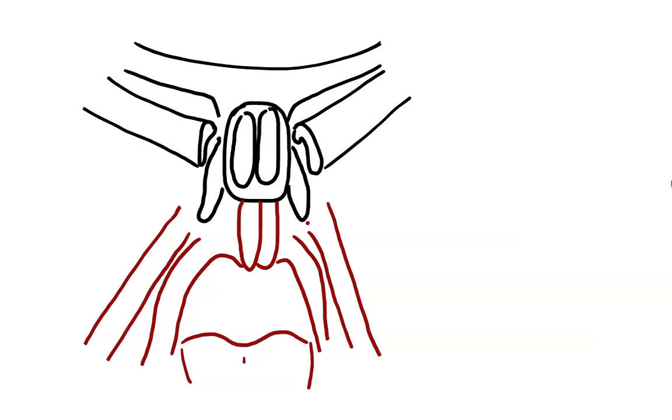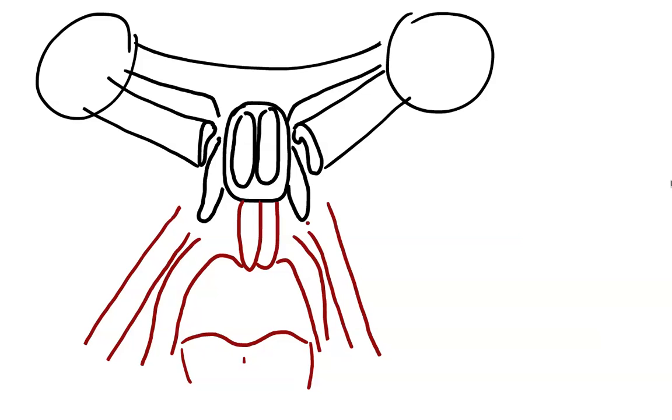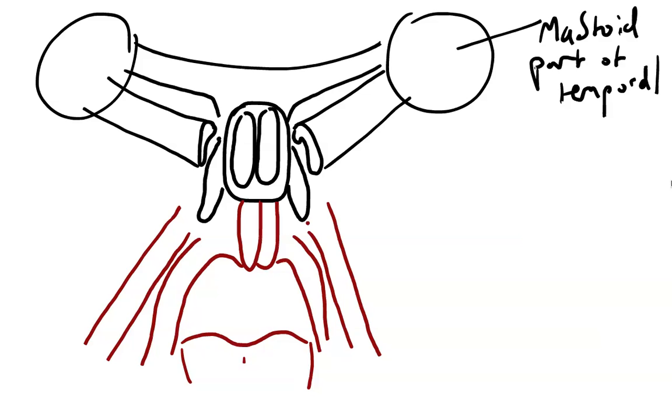So considering the roof of the mouth, if you take this diagram, the mastoid processes of the temporal bone are here, and this is a coronal section of the mouth. The styloid here, the sphenoid. The auditory tubes here, the openings of the auditory tubes.